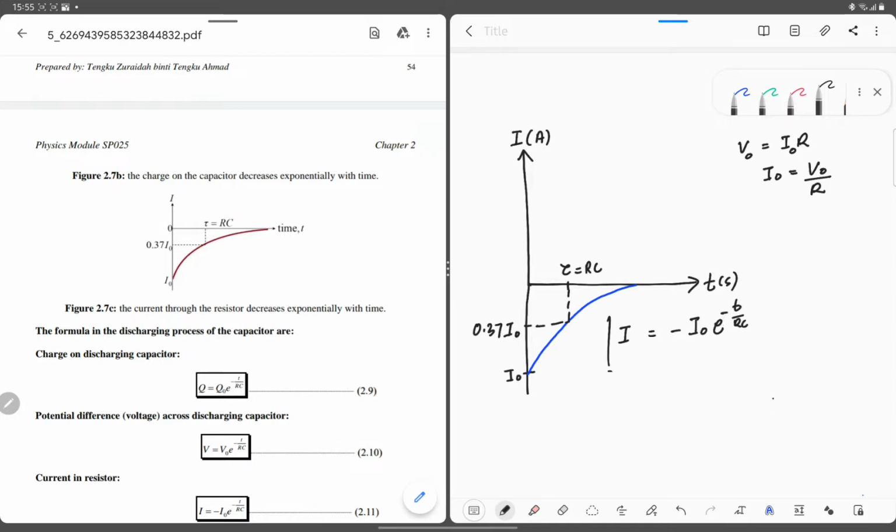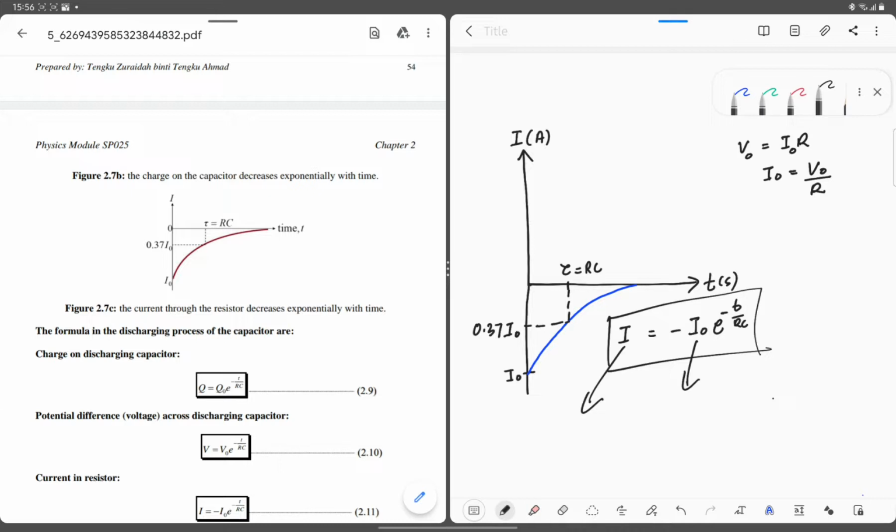Okay, so this is the equation. All right, as usual, t is the time mentioned in the question. So I here means I at a certain time. The I naught is the maximum current that flows at first.